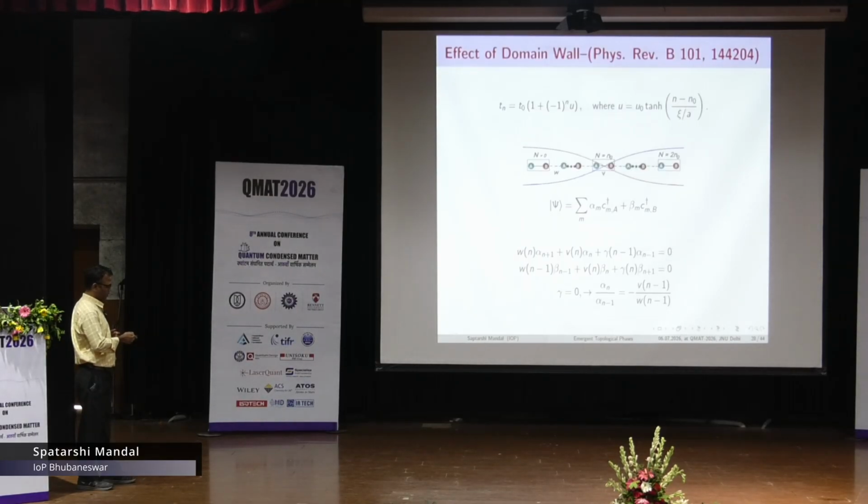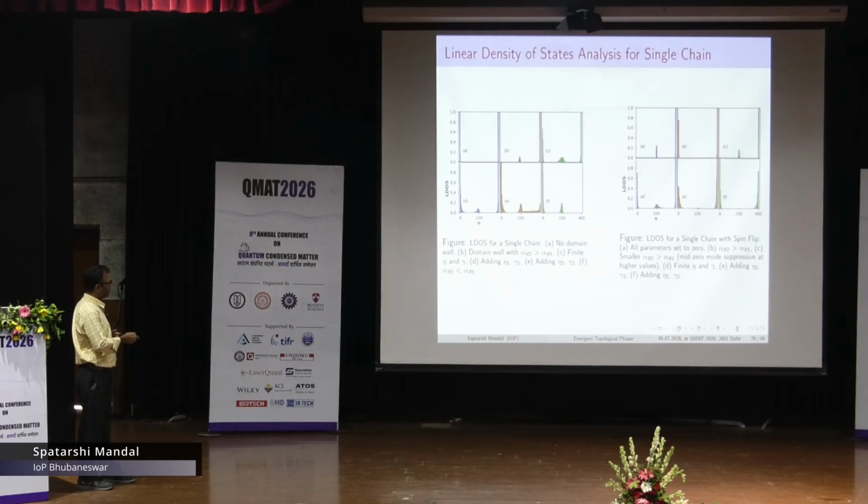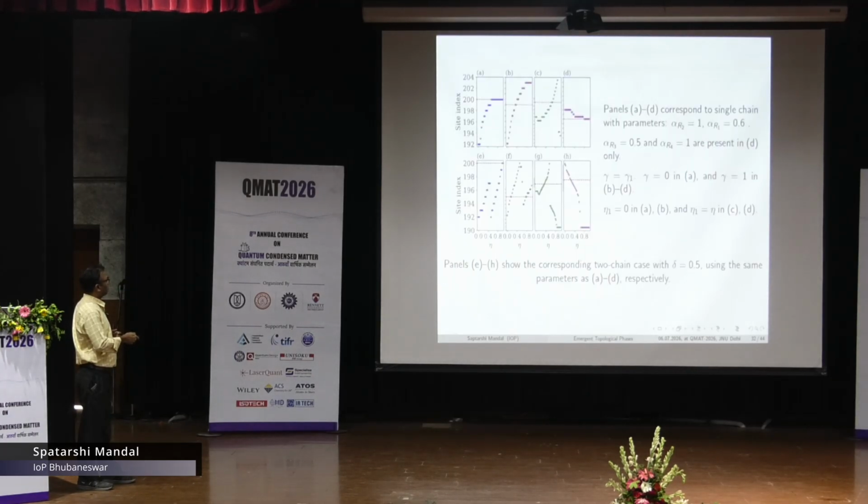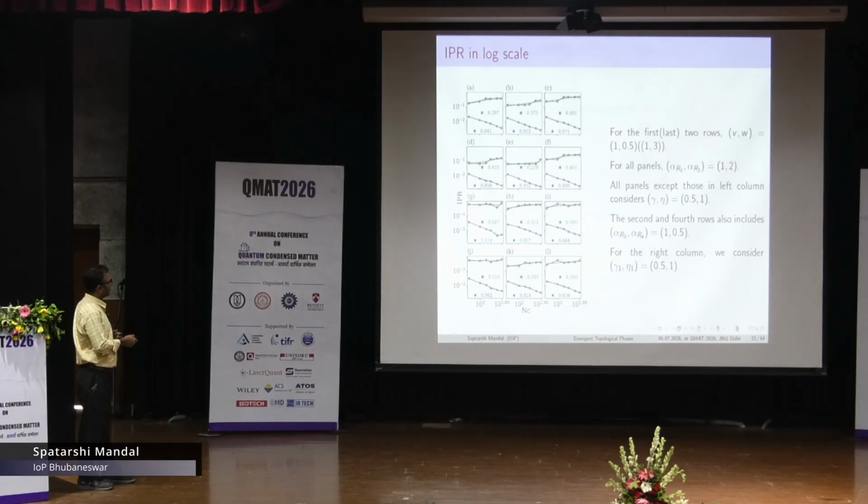This localization to delocalization condition is normally analyzed using the IPR, the inverse participation ratio, which is the fourth power of the amplitude of a given wave function at a given site, summed over all the sites. Our question was how the IPR varies in the presence of both the domain wall and the Aubry-Andre potential.